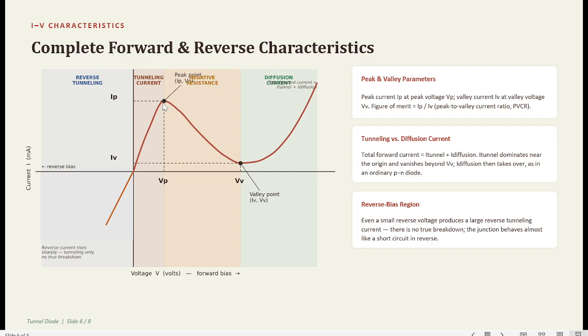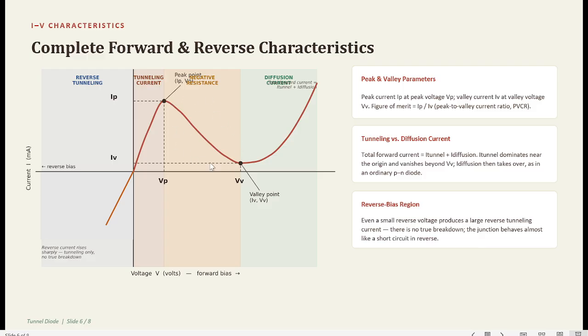So between Vp and Vv, we will observe a decrease in the forward current with increase in the forward voltage. This is the important feature of the IV characteristics of a tunnel diode, in which the diode is showing a negative differential resistance, or you can say that the diode is producing power rather than consuming power.